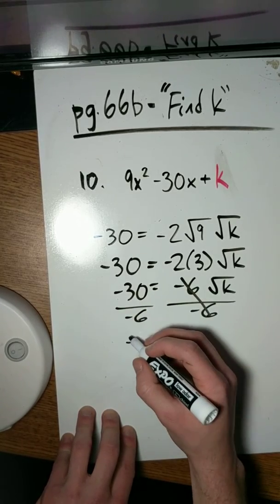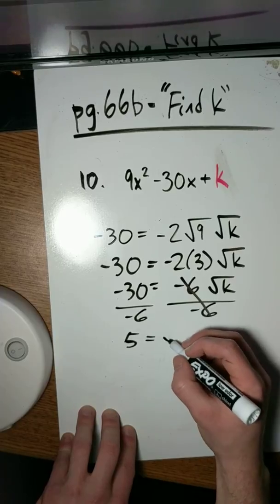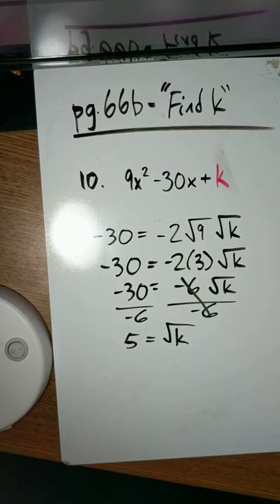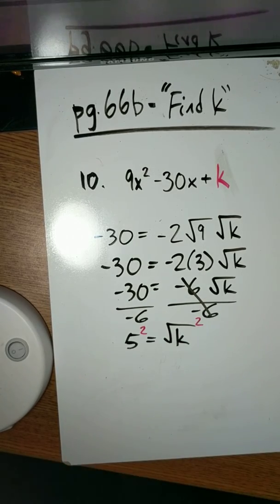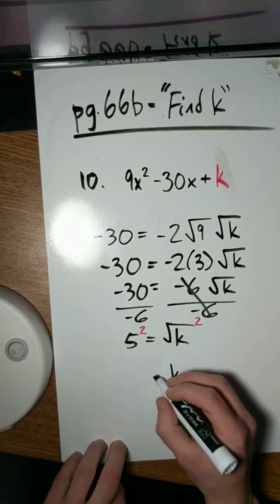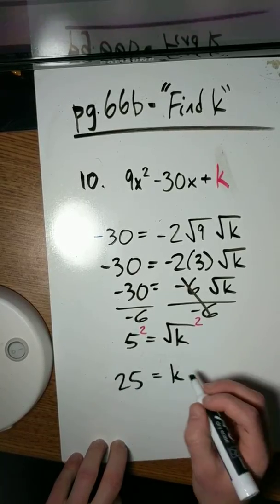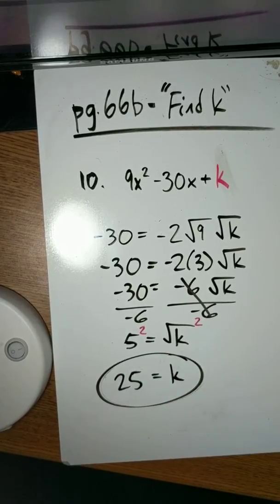So positive 5 is equal to the square root of k. The way that you cancel out a square root is by squaring both sides. That is the reverse of taking the square root. What that's going to leave you with is just simply k. So k in this case equals 25. We'll talk more about this one in the future, but just for those who wanted to see it, k does equal 25.